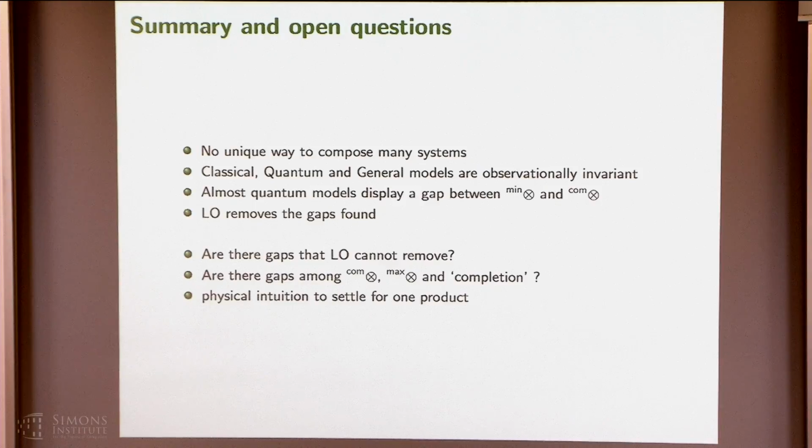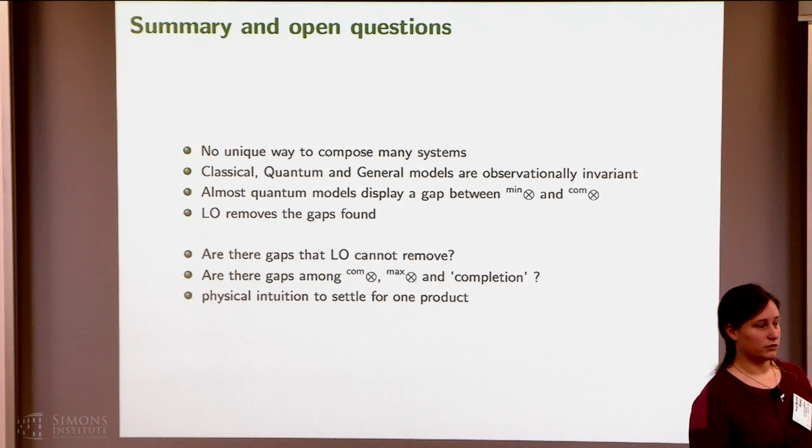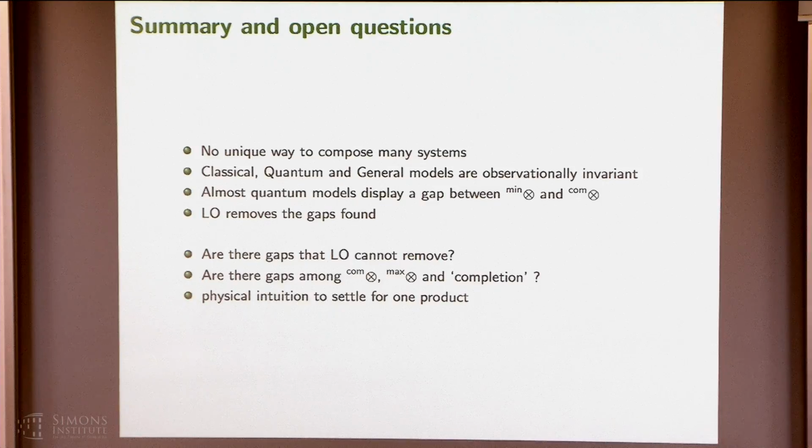Basically what I tried to argue in this past 15-20 minutes is that within this hypergraph framework for contextuality, there is no unique way to compose the systems when you want to work with multipartite experiments. However, from the different ways that we studied to try to compose the systems, general models, classical models, and quantum models give no difference, so they're all observationally equivalent.